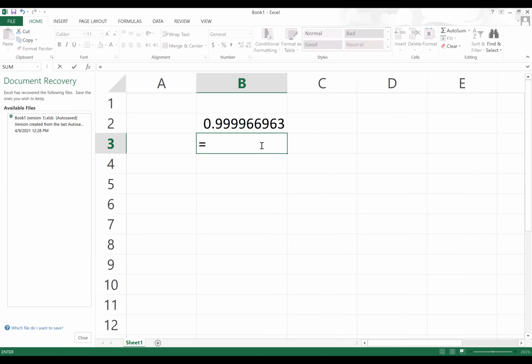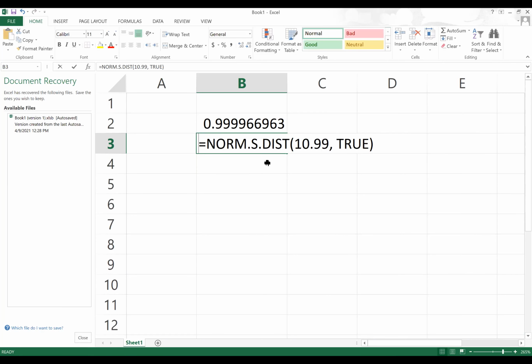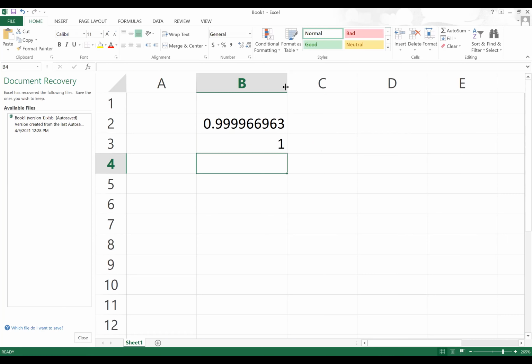And also, if you're using another one, norm.s.dist, if let's say you have a 10.99, right? Which is a huge z-score. And then again, argument is true. You see, it's almost 1, but not exactly 1, right?